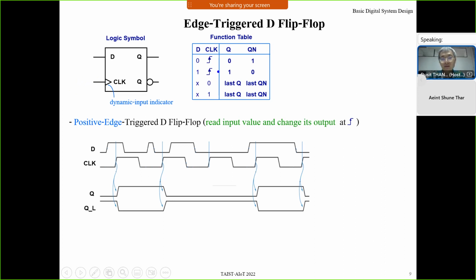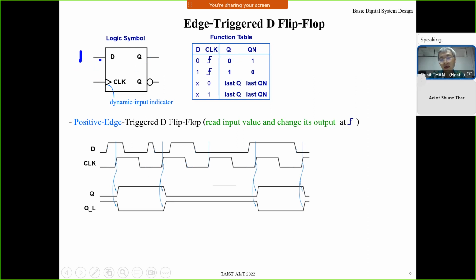Now let's consider the timing of change. It changes when clock ticks. When clock ticks, this flip-flop will read data from D. If the data is 0, then Q becomes 0.